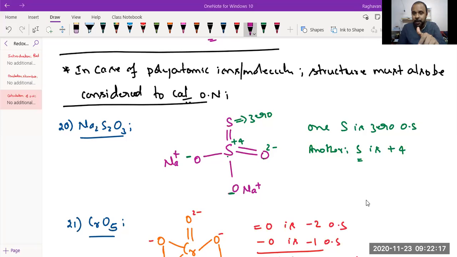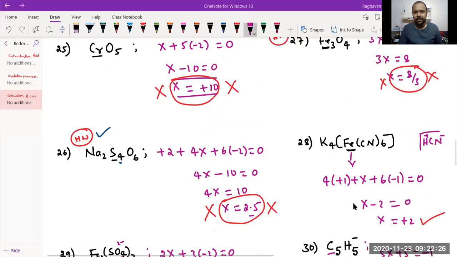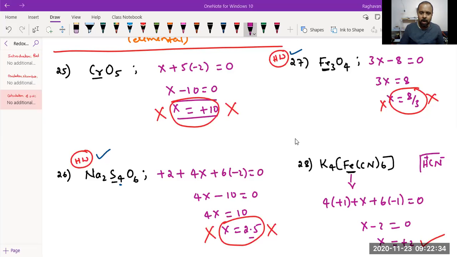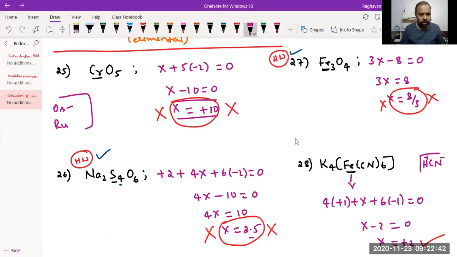Whereas plus 7 is possible with halogens. So plus 8 is for Os, osmium, and Ru, ruthenium.